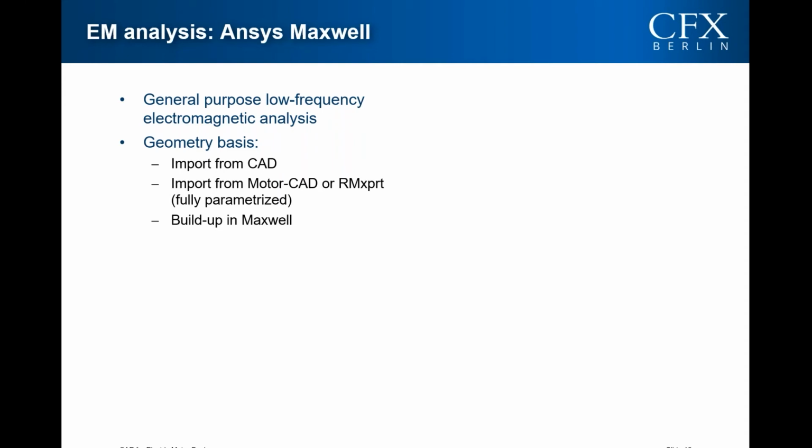RMxprt is another motor design tool included in Maxwell, but has less features than MotorCAD, and nowadays is used primarily for model creation for Maxwell. And finally, of course, you can start from scratch and build your own geometry model within Maxwell. Then, of course, it is also fully parameterized.